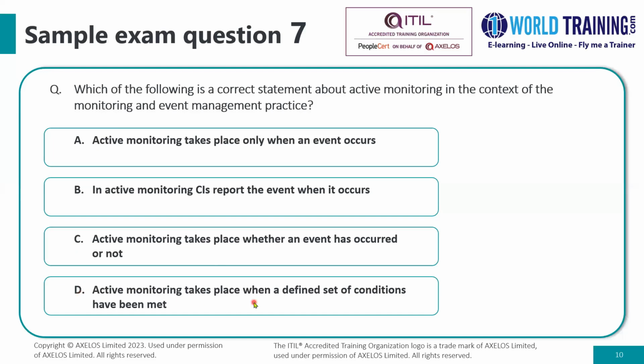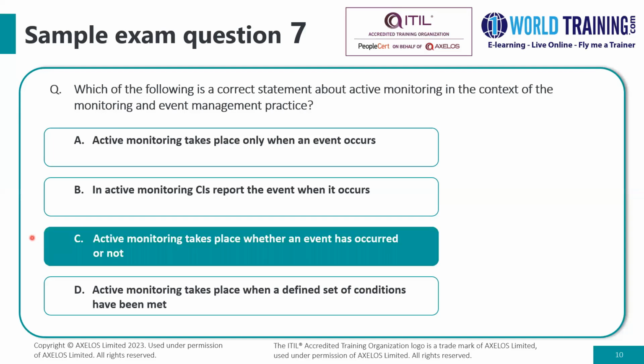When a certain defined set of conditions have been met and an event is generated, that is more passive monitoring and event management. So in active monitoring, it is just continuous monitoring irrespective of any conditions being met or not. Generally, this is done for mission critical systems just to check the health of the system or for other reasons. So C would be correct.